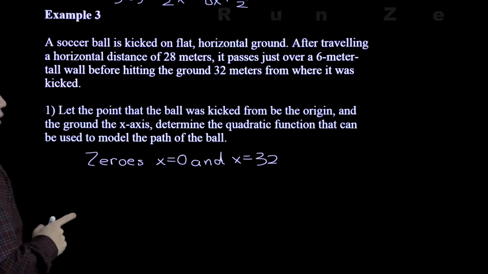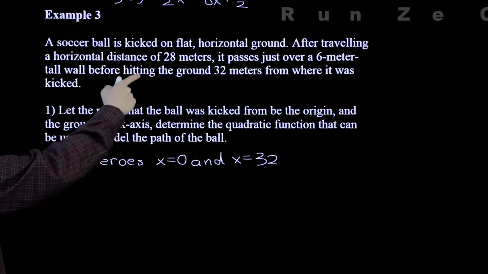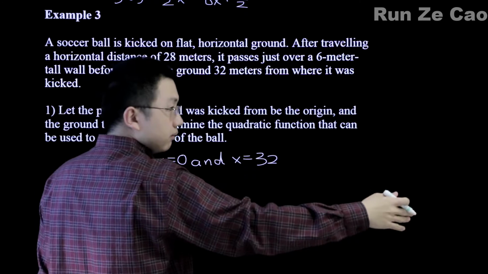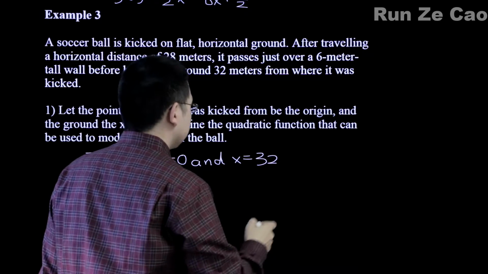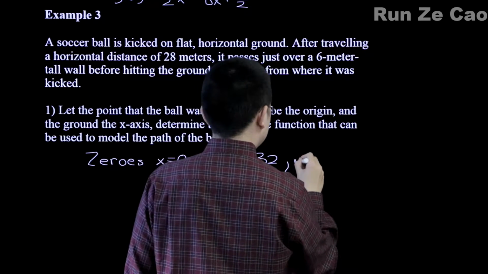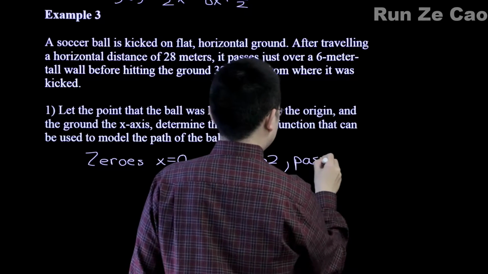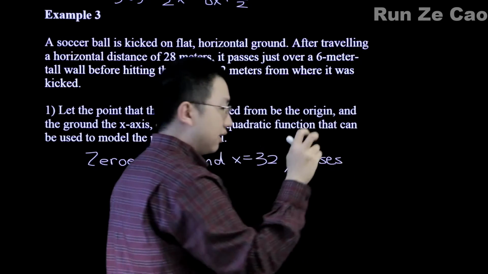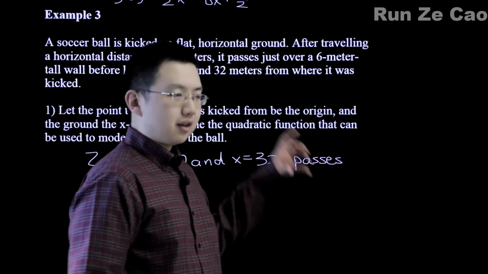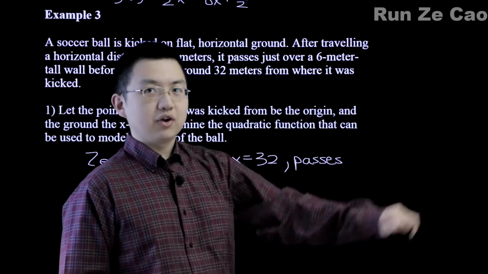Now this passes through a point where it's 28 meters that way and 6 meters up. By just passes, we assume it's passing through that point.